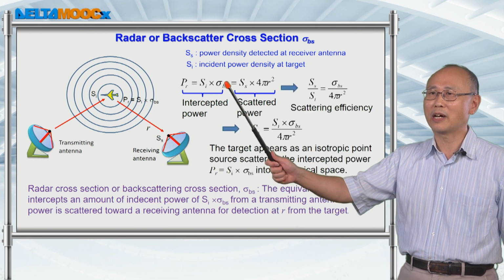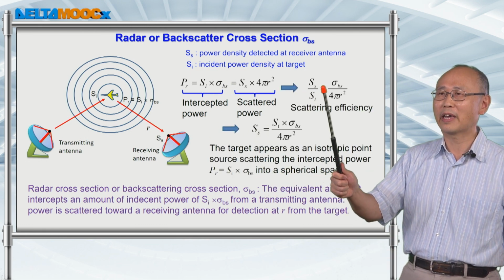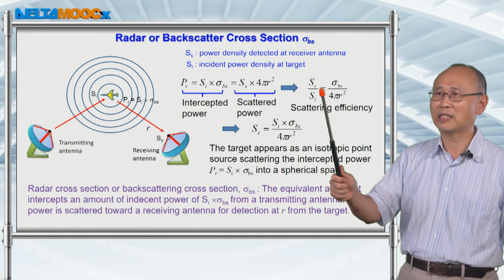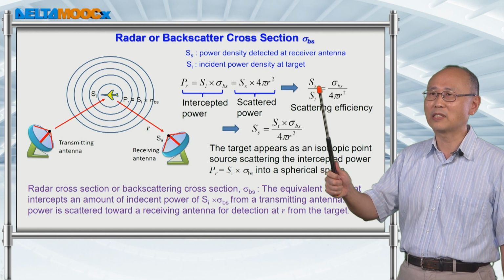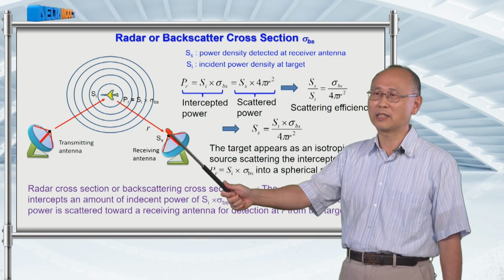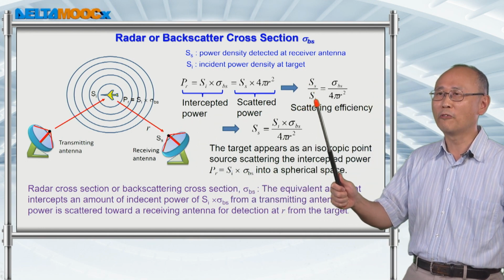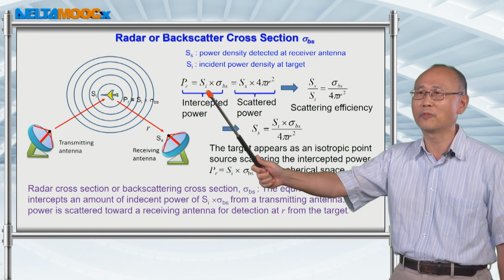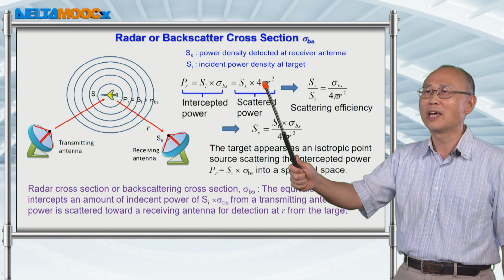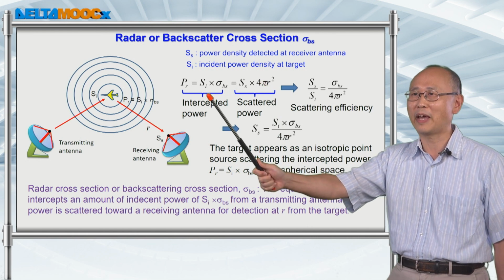And with this expression, we can define the ratio of the power density of the scattered signal over the incident power density to be this expression. Basically, you just move this S_i to the right hand side and move this 4 pi r squared to the left hand side.